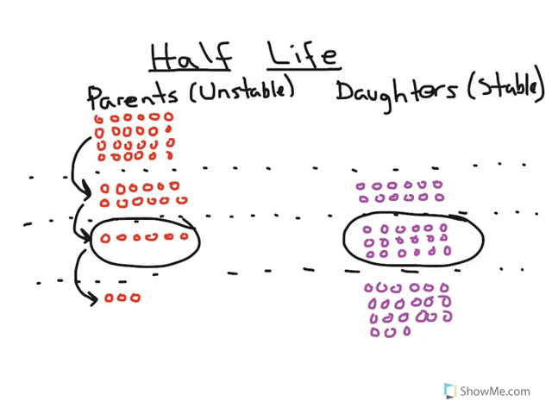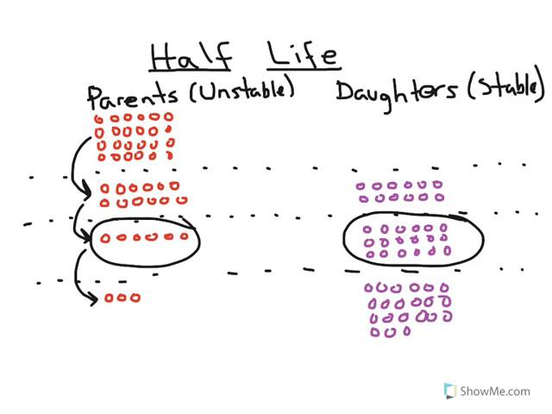In this example, there are 3 times as many daughters as parents. That's 2 half-lives later. So if we know the value of the half-life, multiply by 2, we know how old our material is. This is how we determine the age of rock samples.